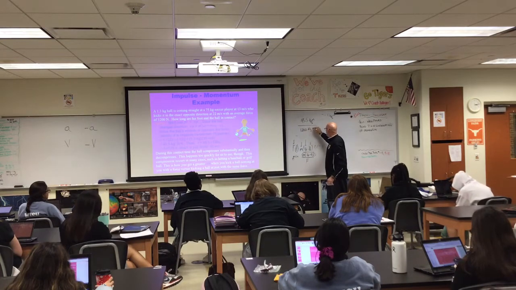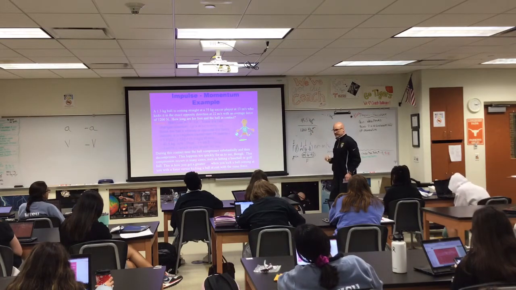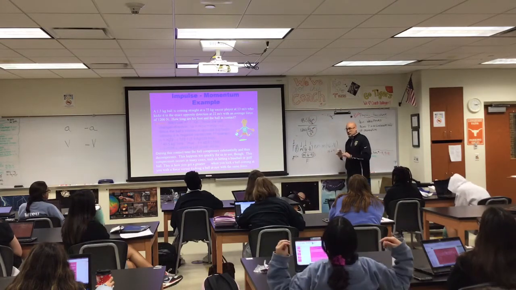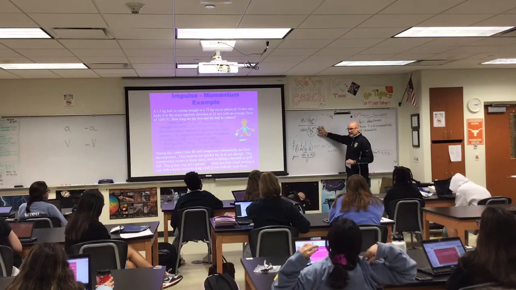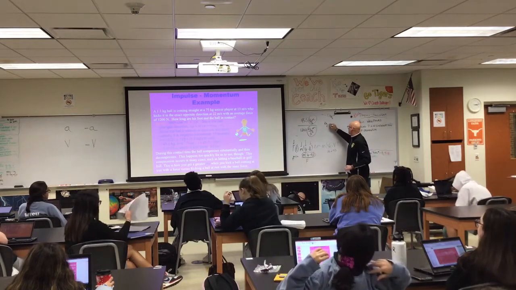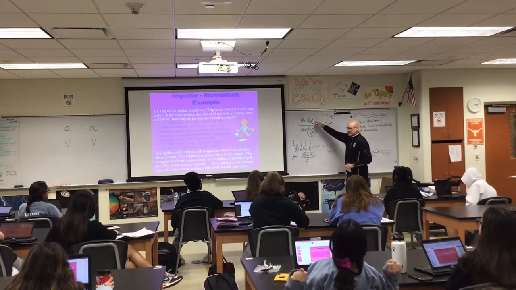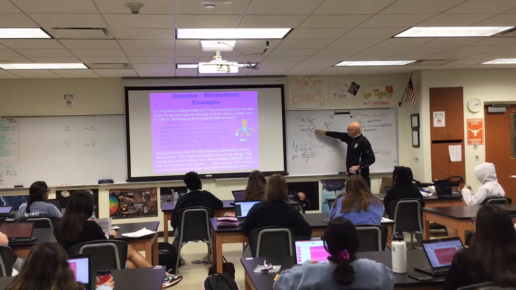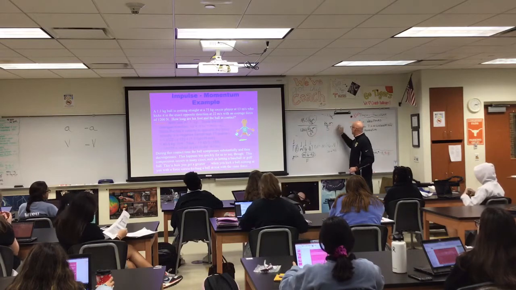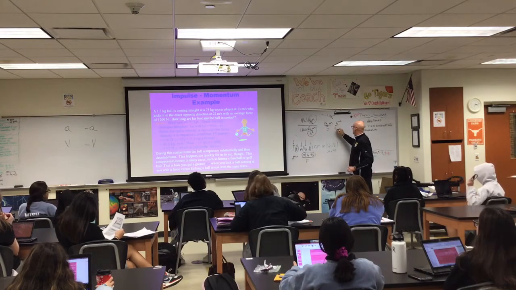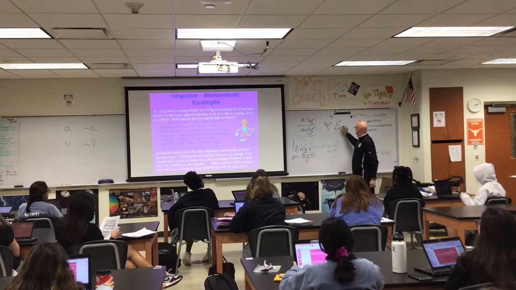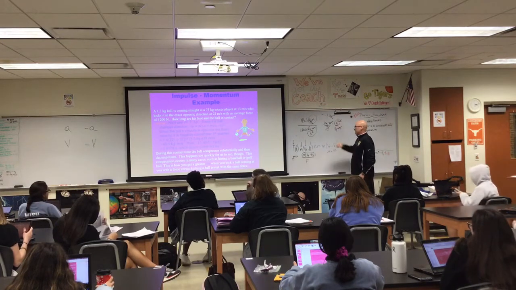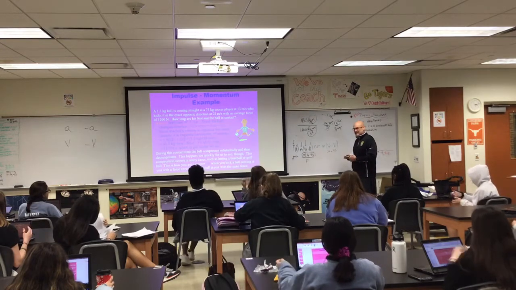A newton is a kilogram meter per second squared. Now let's look at these two units. I want to multiply by the reciprocal of my denominator. The reciprocal of this, if you flip it, will be seconds squared over kilograms times meters. That cancels that. That cancels that. I'm left with seconds. Does that make sense?